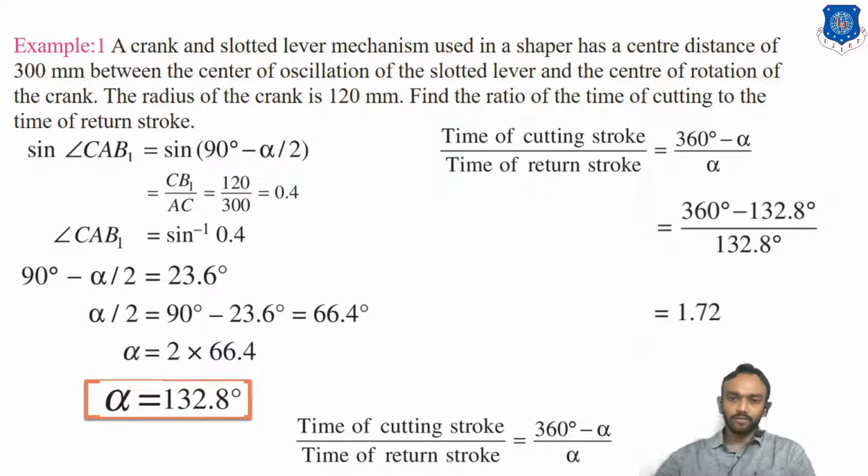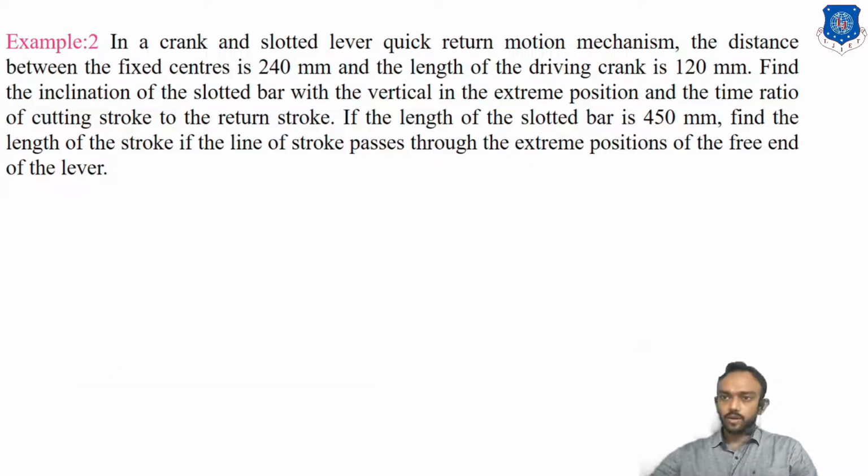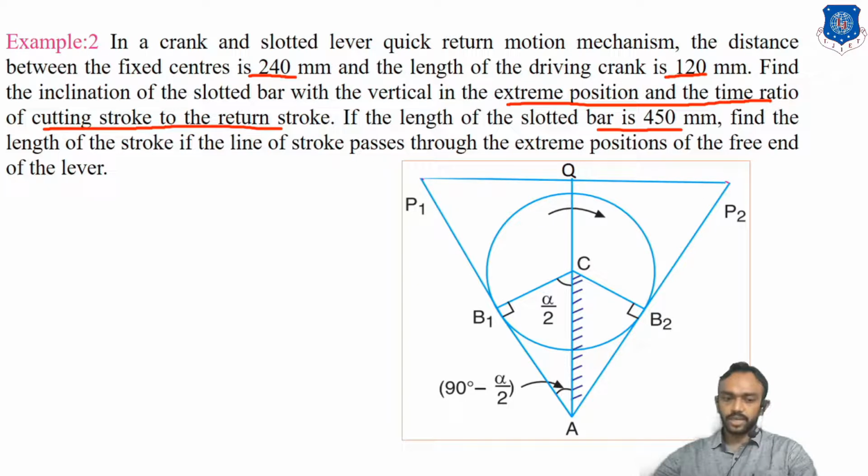It is totally geometrical. We have to consider the triangle. Now, in a crank and slotted lever quick return motion mechanism, the center distance is 240 mm. Length of crank is 120. Find the inclination of the slotted bar with the vertical in the extreme position, the time ratio of cutting stroke to return stroke, and the length of the slotted bar is also given. First check what data is given in this example.